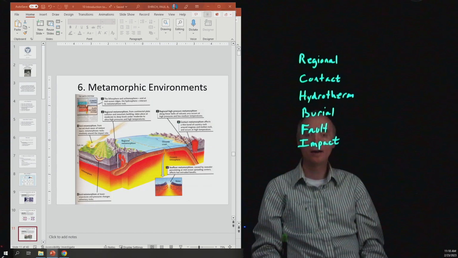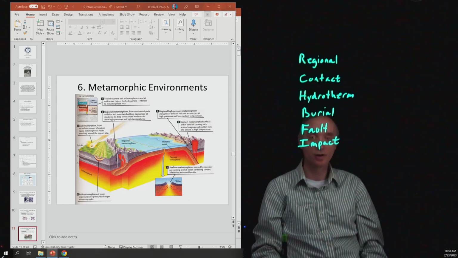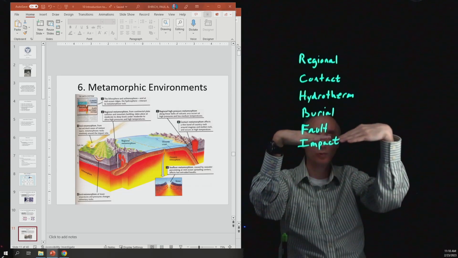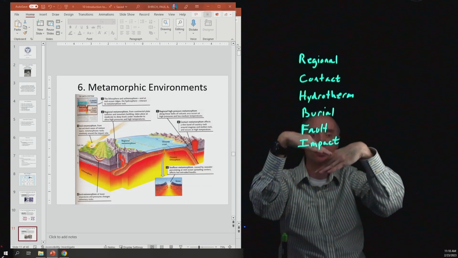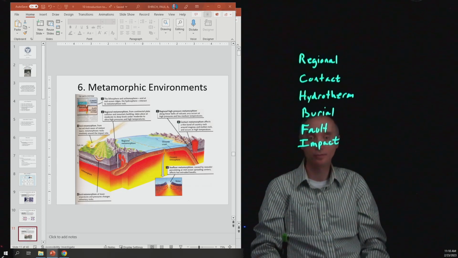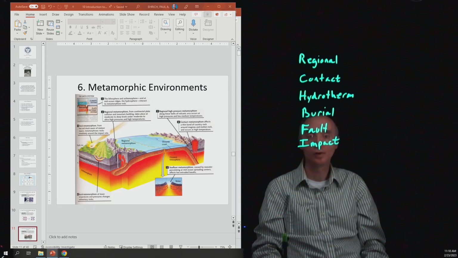You could also have it at a convergent zone where it's an ocean colliding with an ocean. So where one ocean is going underneath the other ocean, you would have extreme pressures and extreme temperatures there. So basically your convergent zones are going to be places where you're going to have regional metamorphism.